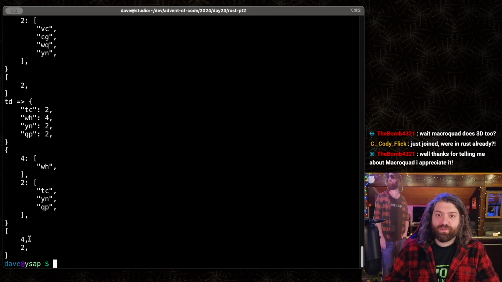Okay, so what do we have here? We have the counts, and we have them in reverse order, and then given the counts, we can check, like, we have to find the first viable solution. So in order for 4 to be viable, we would need everything and everything below it.